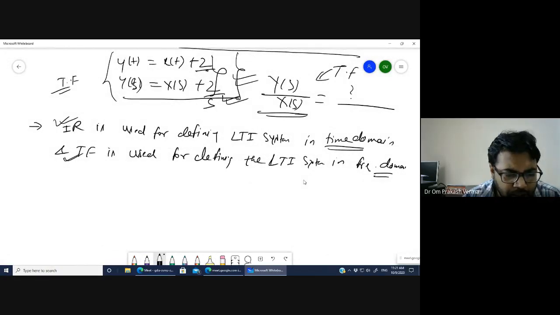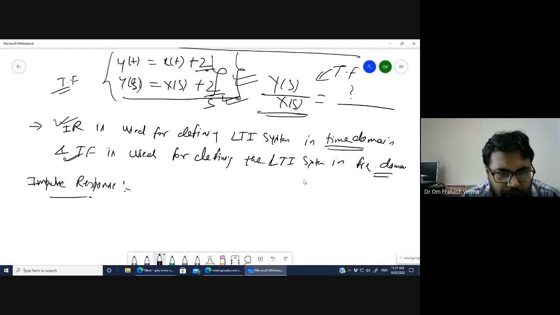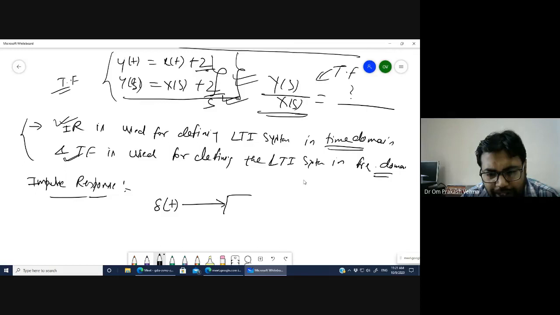Right. Now come to the impulse response. What do you understand by the impulse response? These are the significance of the impulse response. Impulse response means you are providing some delta(t) to some LTI system, nothing else.